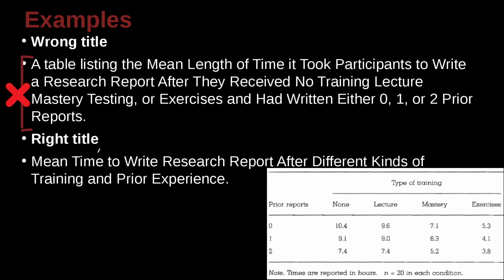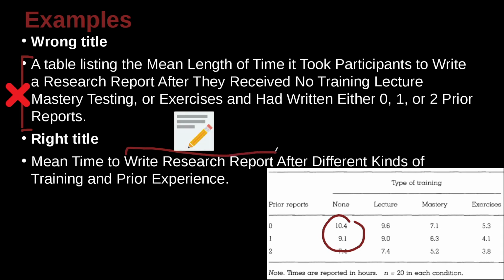Mean time. Why mean? Because inside here, these numbers are means. To write research report, that means what did they do? What was the task? It was to write the research report. And what was the variable that was manipulated? It looks like it was different kinds of training.